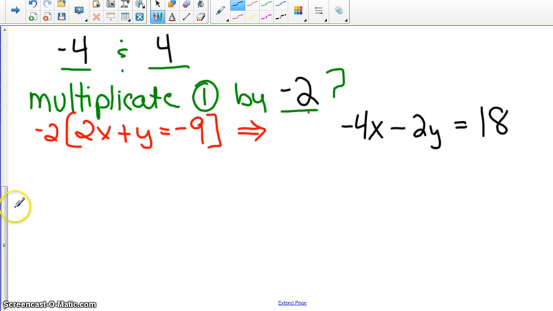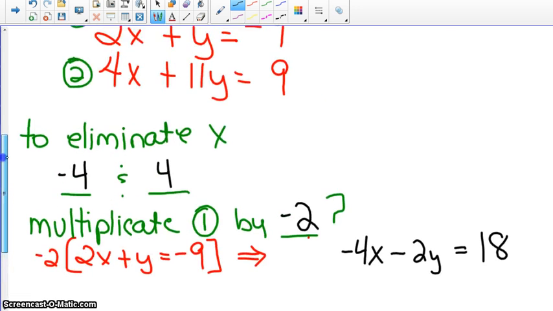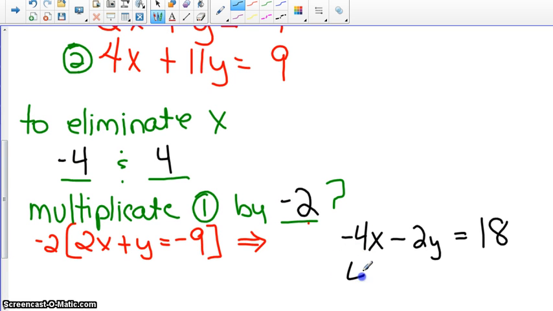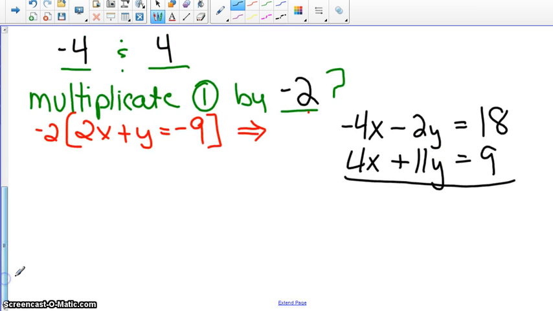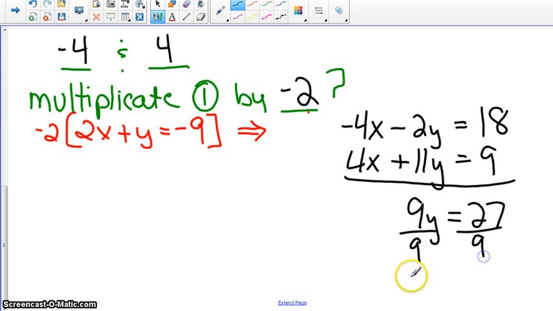And then the other equation I can write underneath it, just rewriting the same one. 4x plus 11y equals 9. And let's do the math. This is going to be 0. This here is going to be 9y equals 27. We divide by 9 and y equals 3.